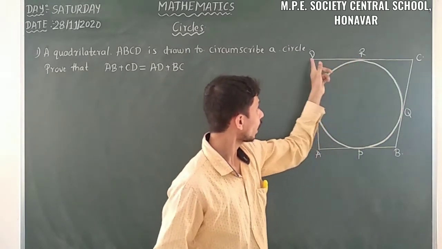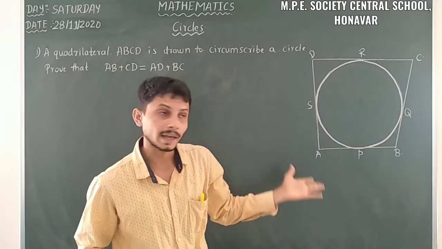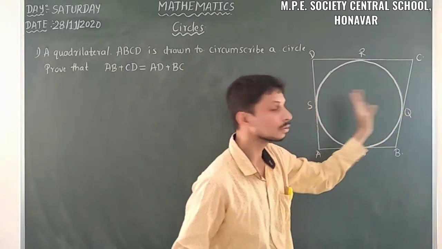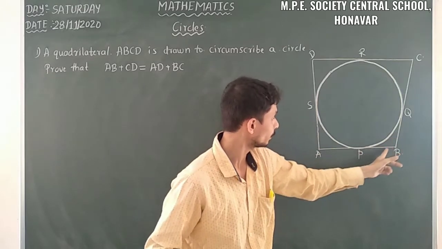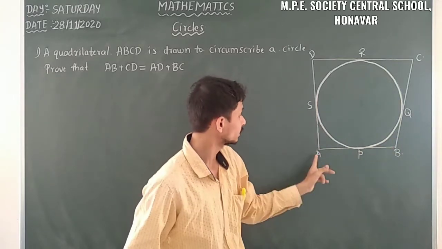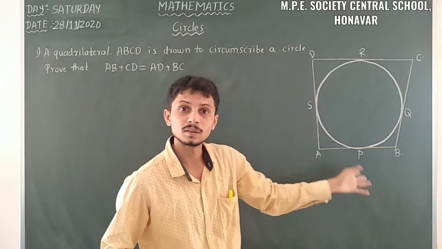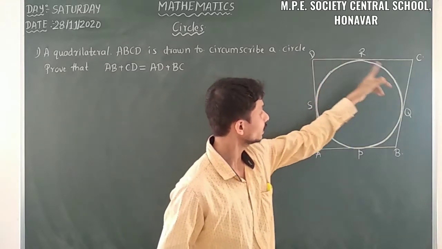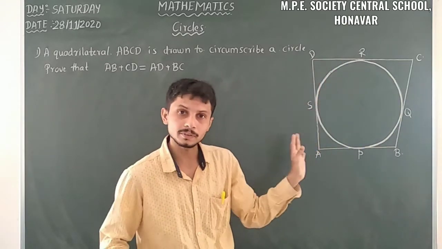Here DR and DS become tangents, CR and CQ become tangents, BQ and BP are tangents, and AS and AP are tangents, from the external points D, C, B, A respectively.